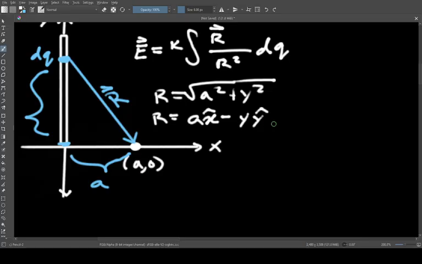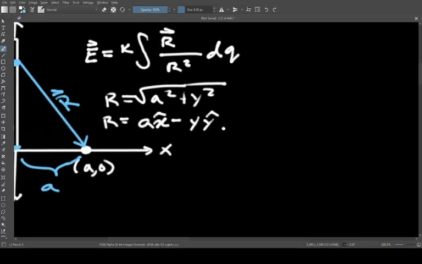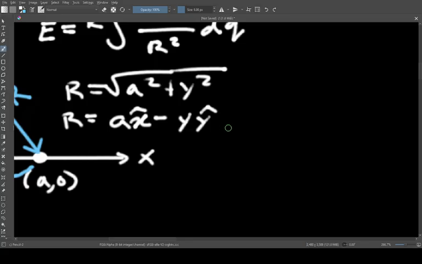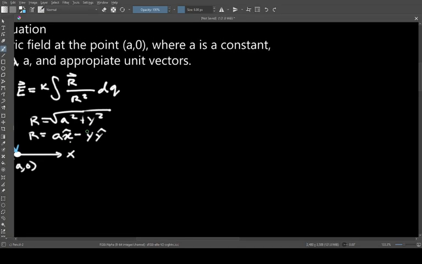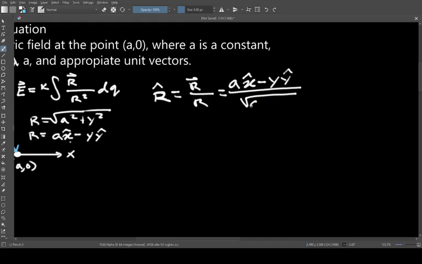So we want to find the unit vector r hat by dividing the vector r by r. All that sounds kind of confusing, right? But in order to do that, you just divide the vector r by this, and so you get a x hat minus y y hat over the square root of a squared plus y squared.